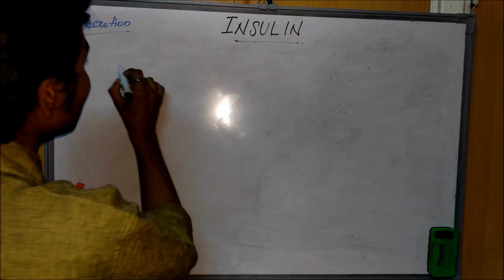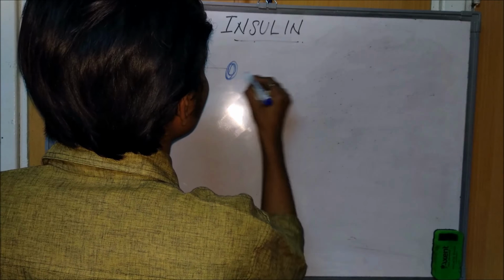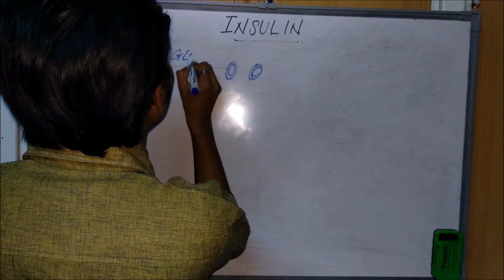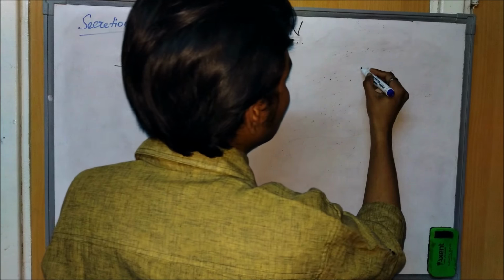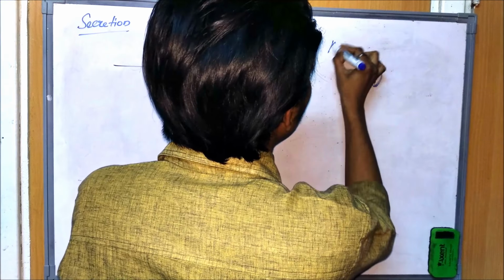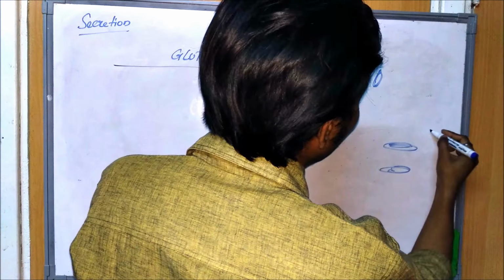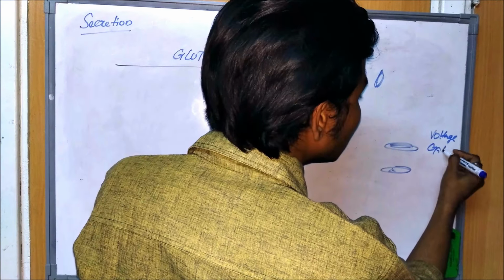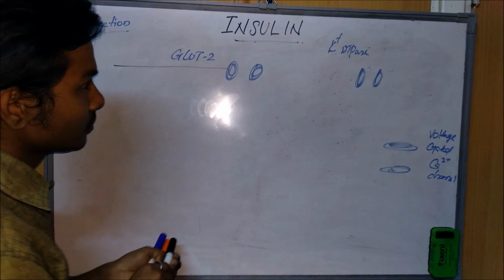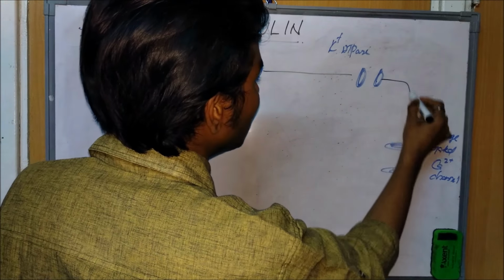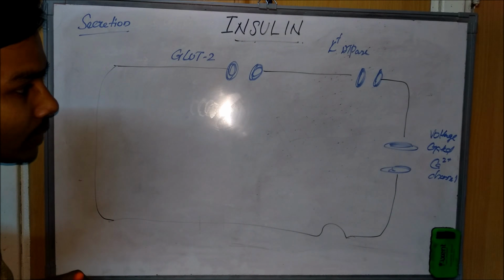We have to know three channels: the GLUT2 channel for entering glucose, the potassium ATP-sensitive channel, and the voltage gated calcium channel for entering calcium.